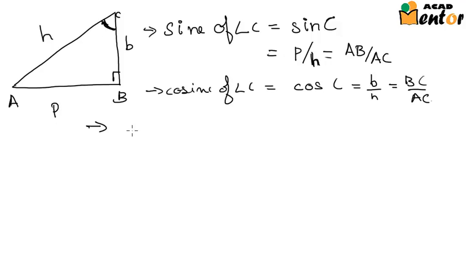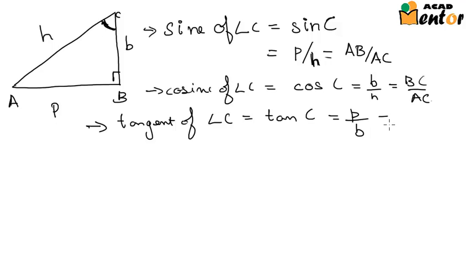Remember what was the next ratio? Yes, tangent of angle C can be written as tan C and is equal to perpendicular by base, which is AB by BC.